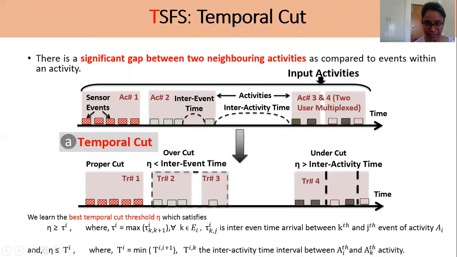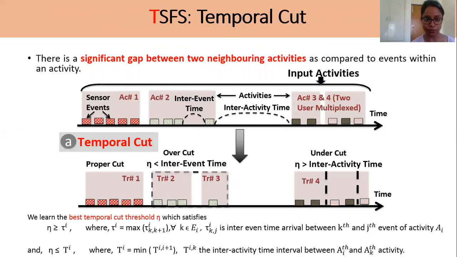If you can see here, between activity 2 and activity 3 and 4, the gap is really big. And even in activity 2, between two events, the gap is big. So in this case it is wrong and they're cutting it. But you can roughly identify a threshold that will give you segments that roughly resemble activities.